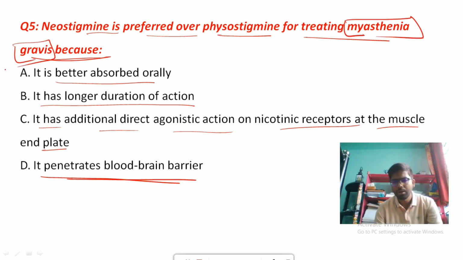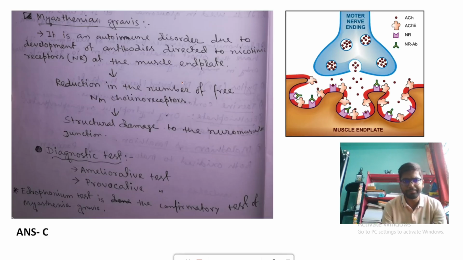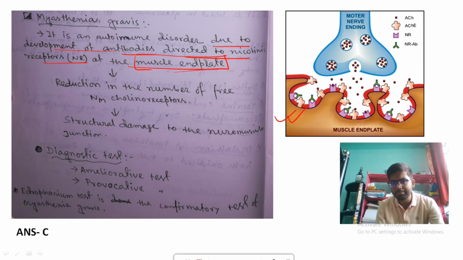Myasthenia gravis is an autoimmune disorder where antibodies develop directed to the nicotinic receptor at the muscle end plate. That means it's your muscle end plate and here nicotinic receptors are present. I have taken this image from KD Tripathi.